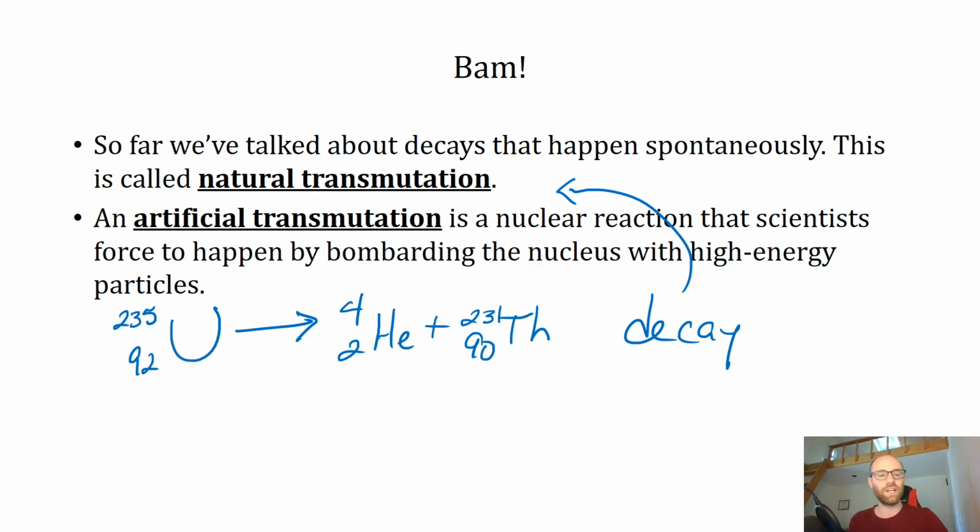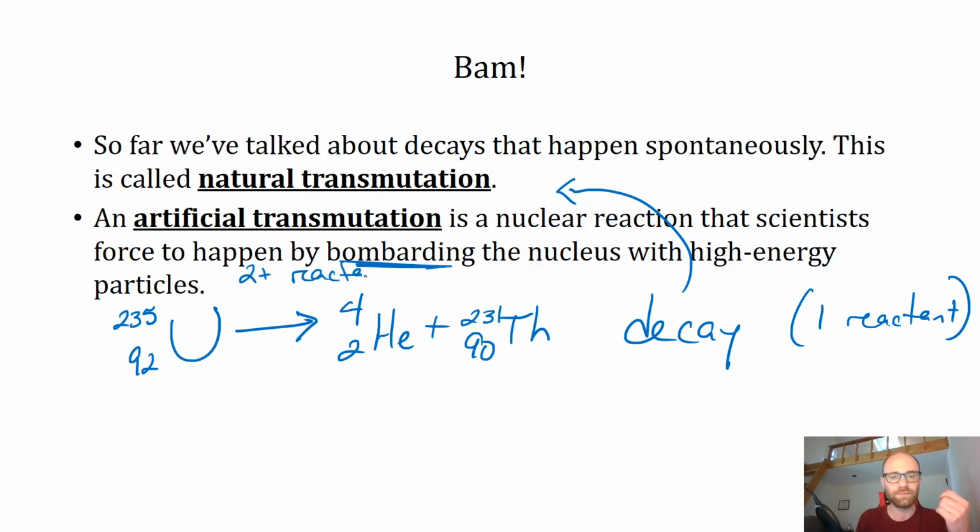An artificial transmutation would be a case where you have a nucleus and you actually shoot another particle at it. The new particle hits your nucleus, sticks together, becomes something unstable, and falls apart. So the biggest thing to note is that in a decay, you have one reactant. And for an artificial transmutation, otherwise known as bombardment, you've got 2+ reactants.